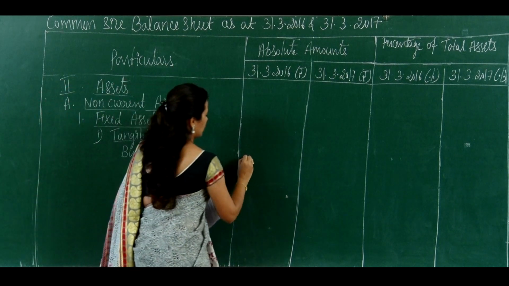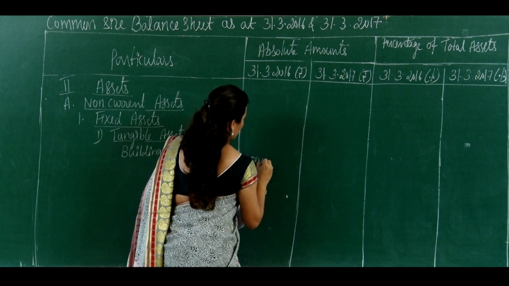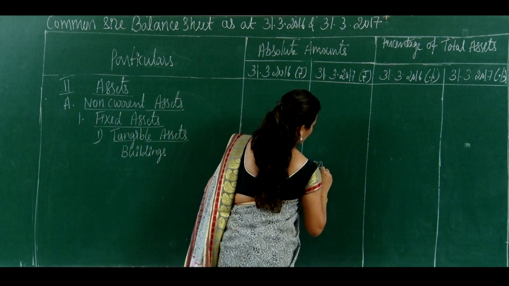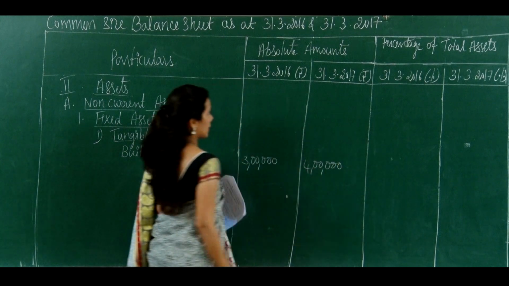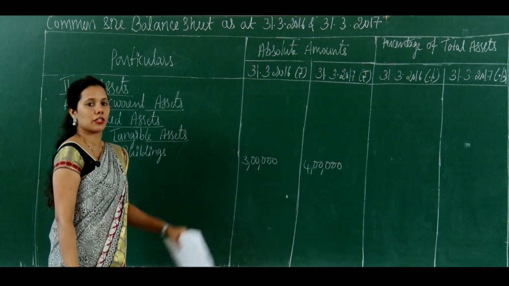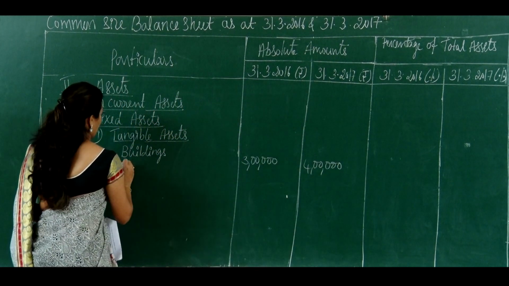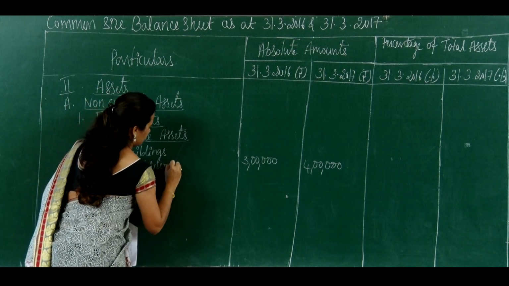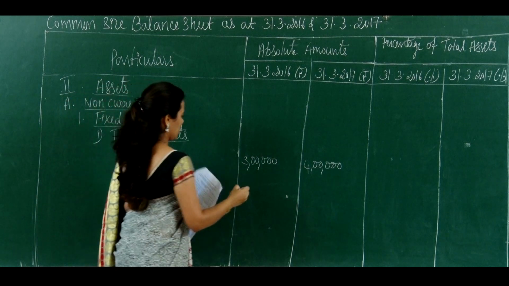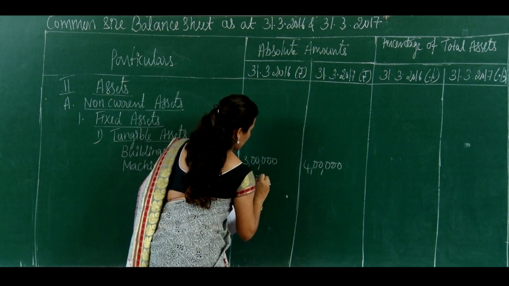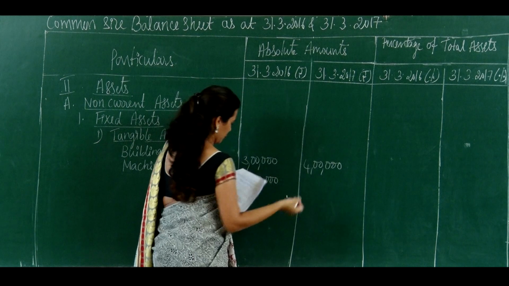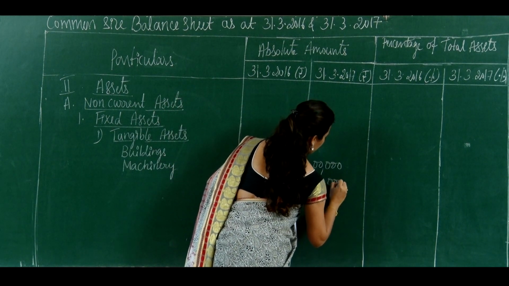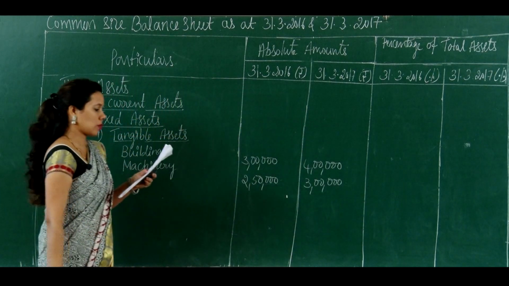Buildings 3 lakhs and 4 lakhs. So, first we will write all the assets, then we will convert into percentage. The next one is machinery, 2,50,000 and 3 lakhs. Next you have goodwill.